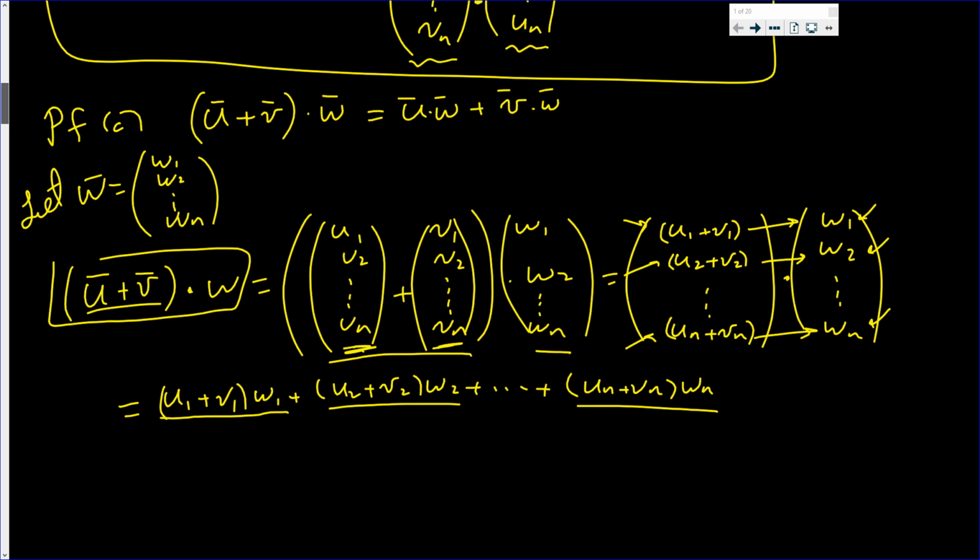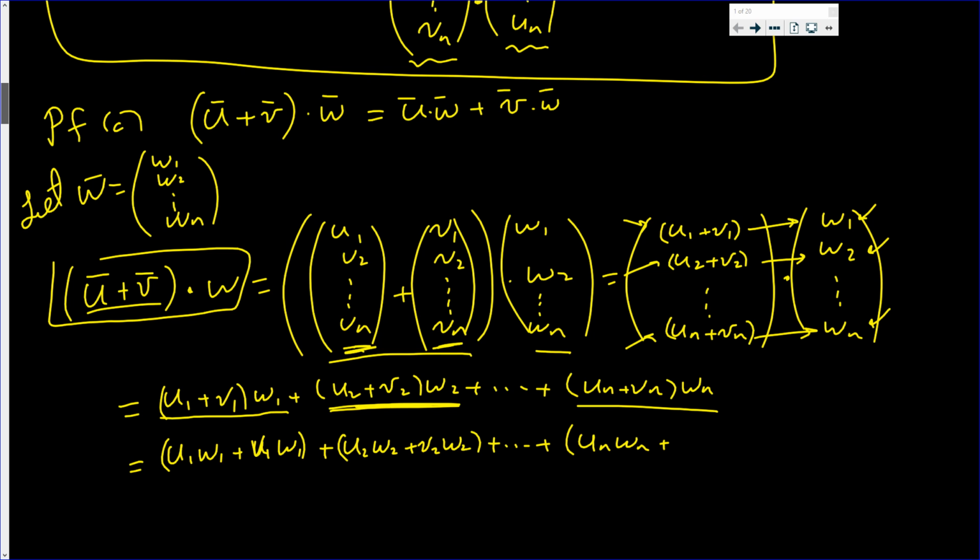They all have addition and multiplication. We could distribute the w1. This is u1 w1 plus v1 w1, plus, over here we distribute w2, we get u2 w2 plus v2 w2, all the way down to un wn plus vn wn.